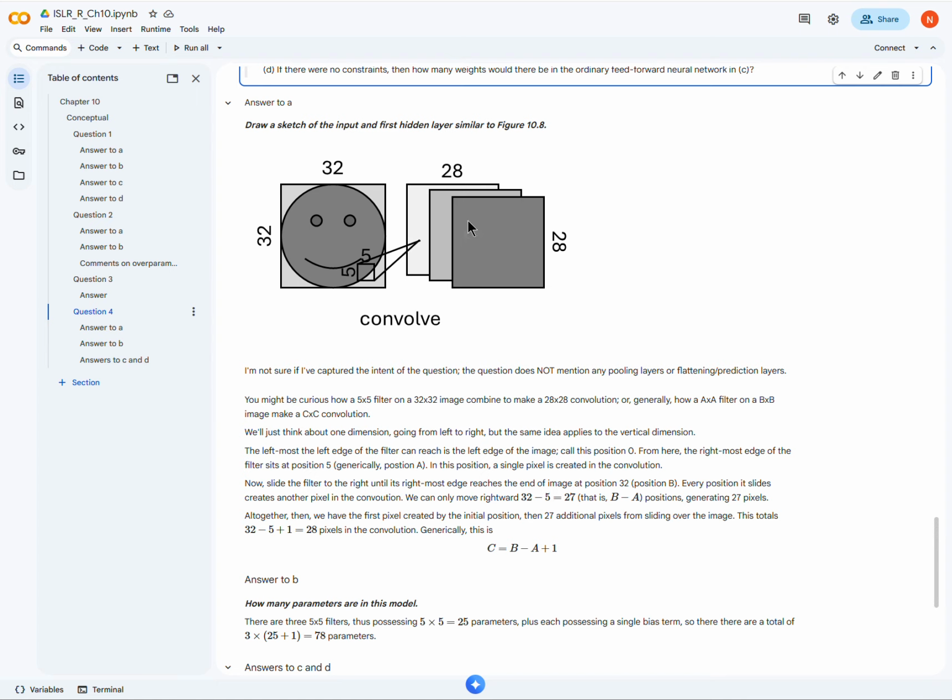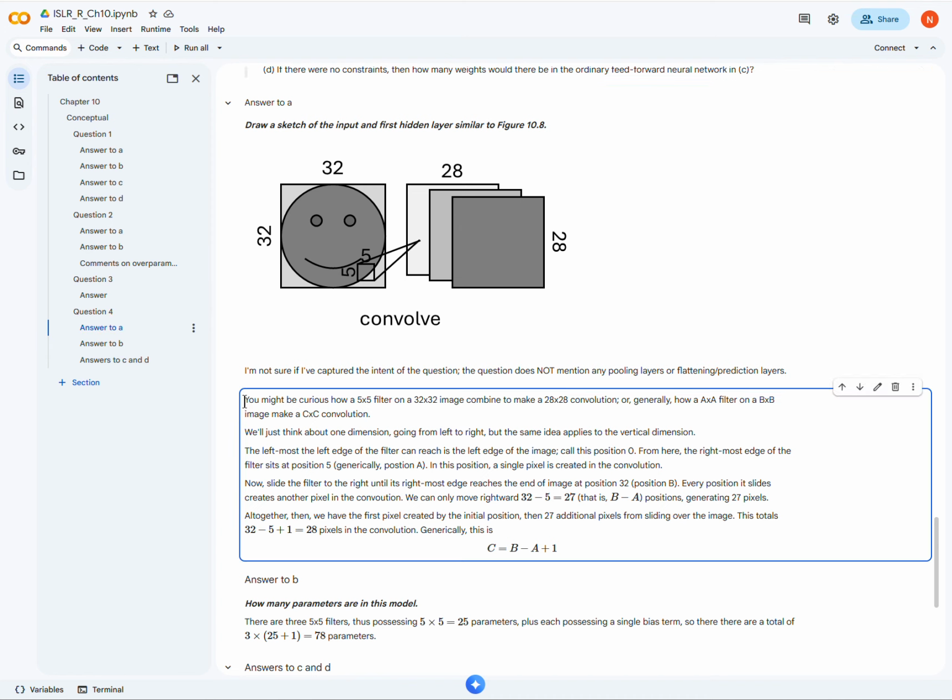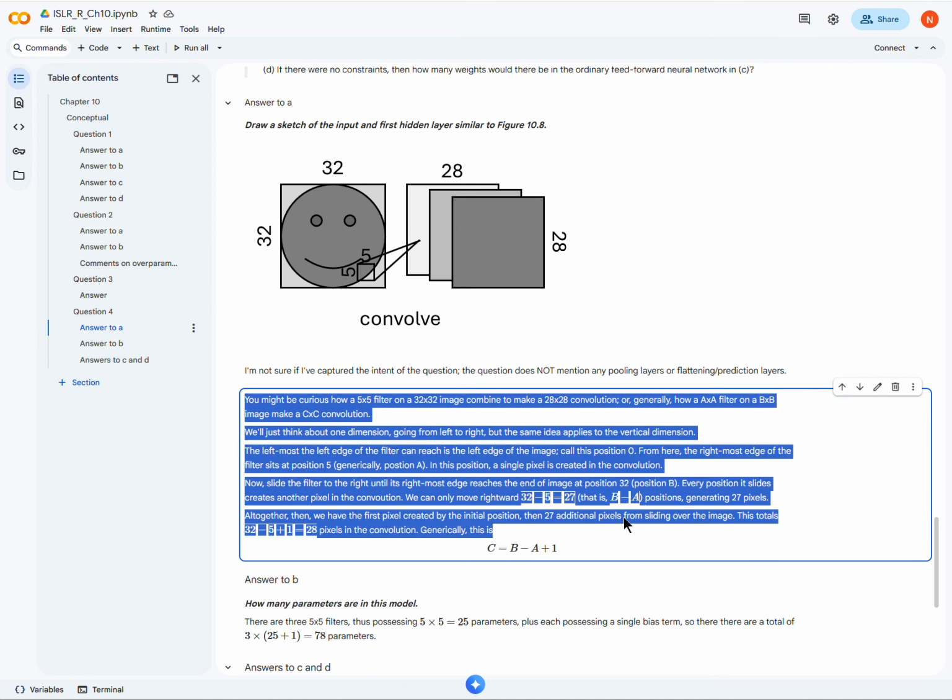So there's the answer. Also note that we go from 32 by 32 to 28 by 28 by virtue of our 5 by 5 filter. Okay, so that's a little bit of a mouthful. The question doesn't ask us about this, but I put in a little bit of an explanation here.